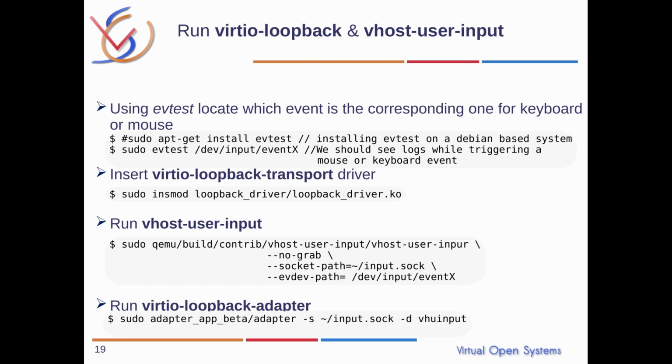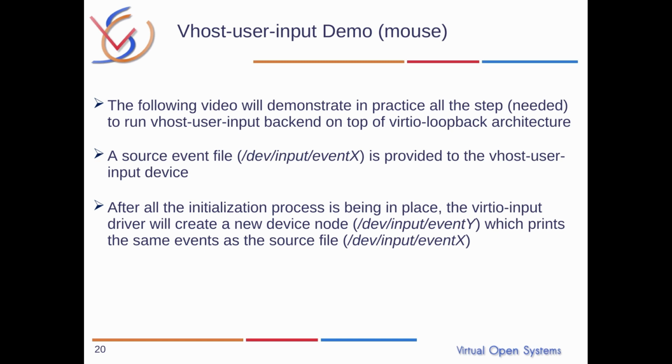Next, we'll follow a description of the video demo and the target of it. Again, this video demo will describe all the steps that have been shown before. It starts by sourcing an event file to the Virtio-user-input. This source file prints all the event logs coming from an external mouse.